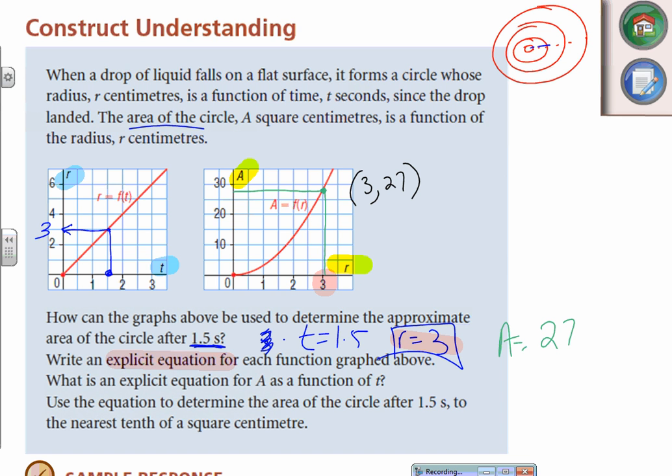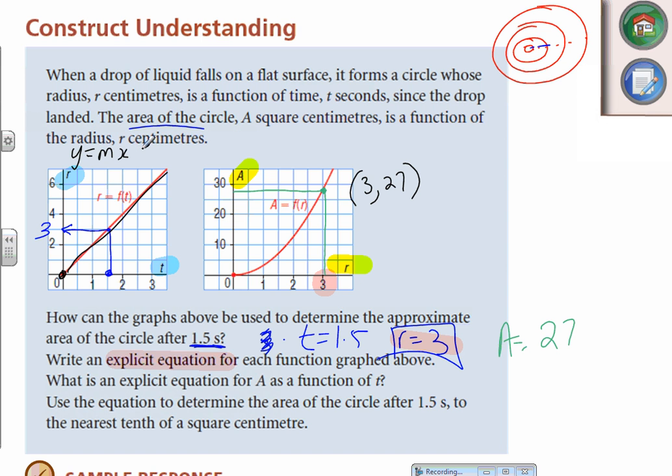First graph here, we have a line. So we know it's y equals mx plus b. But our y-intercept, which is our b value, is 0. So we're really looking at y equals mx. M is our slope.